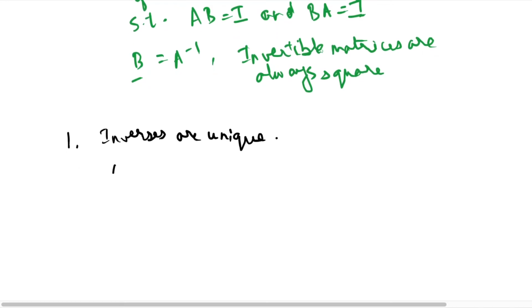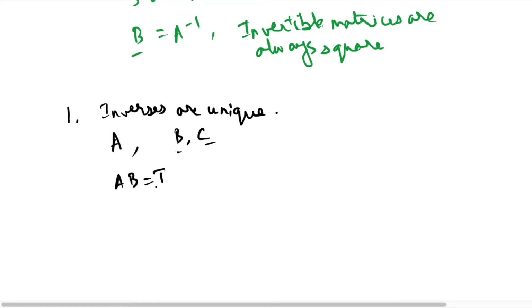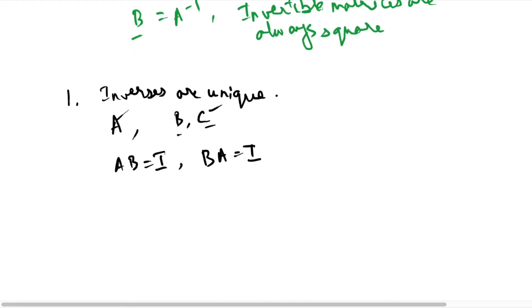Let's say A has two inverses, B and C. Then by definition A into B is equal to I, and B into A is equal to I. Also, since C is an inverse of A, A into C is equal to I, and C into A is also equal to I, by definition.